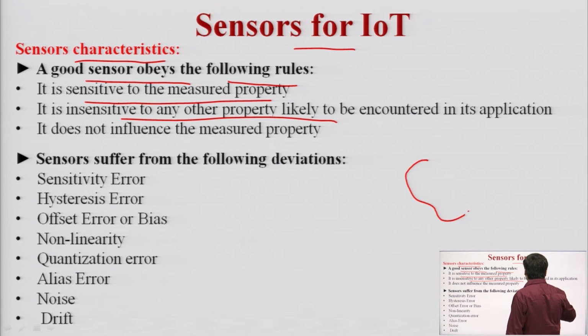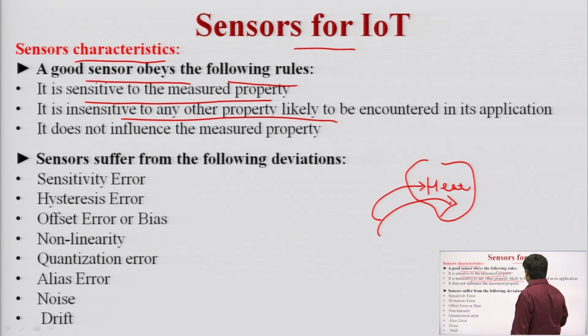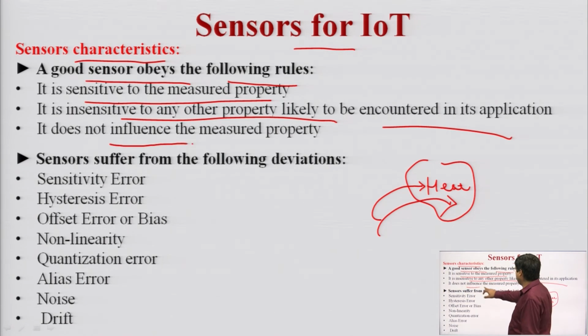If we are deploying our sensors in our environment to detect heat, it should be sensitive to heat, and it should not be sensitive to humidity. The type of sensor we use should be sensitive to the particular application for which it is deployed. It should not be sensitive to other parameters we are not considering in its application. So, it does not influence the measurement property.